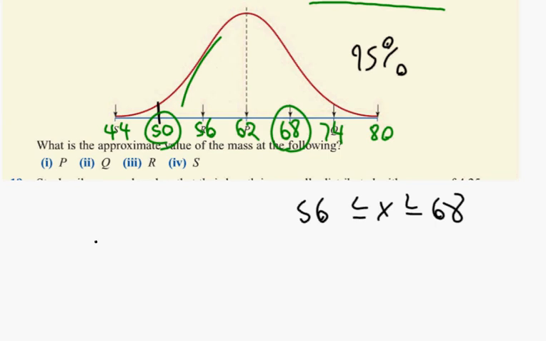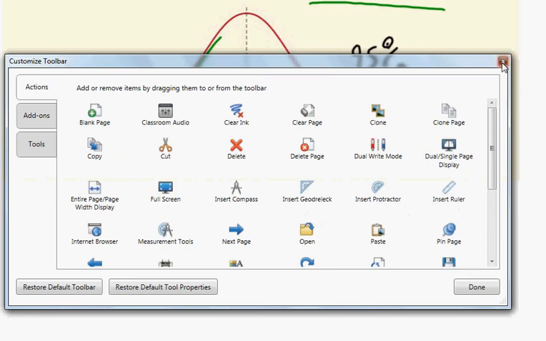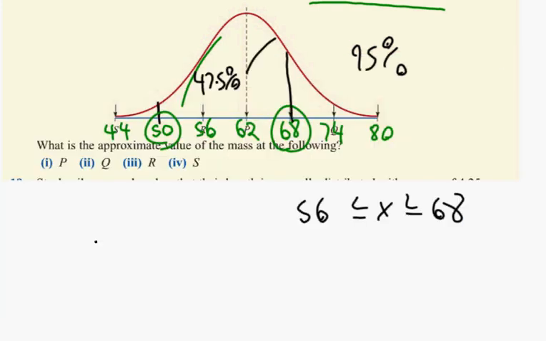So if I half that, I can tell you that that's 47.5%. And if this one was halved, it'd be 34. And then if I add them both together, it'd be 47.5 plus 34. Roughly 81.5. Okay, that's it.